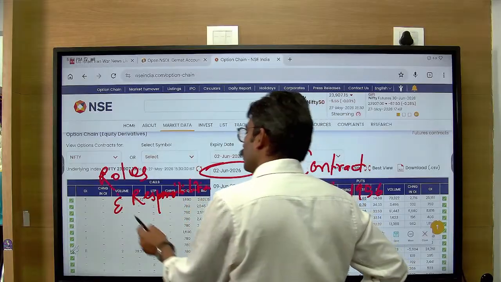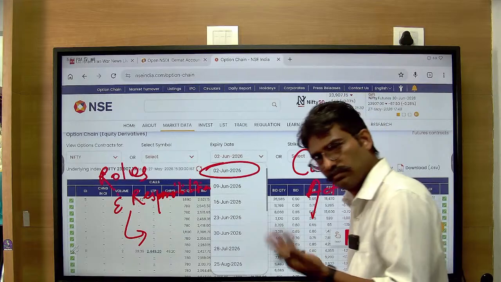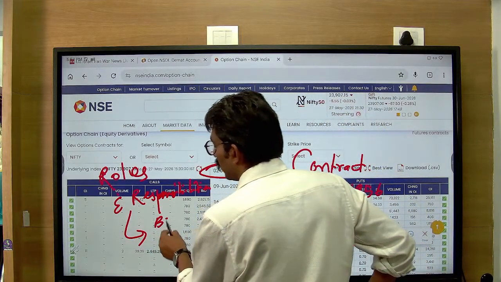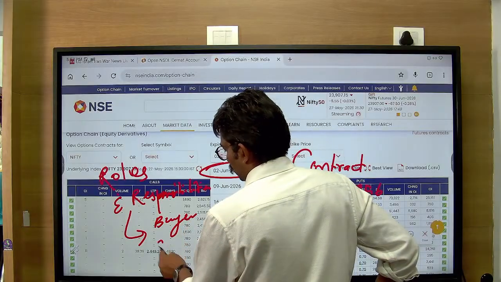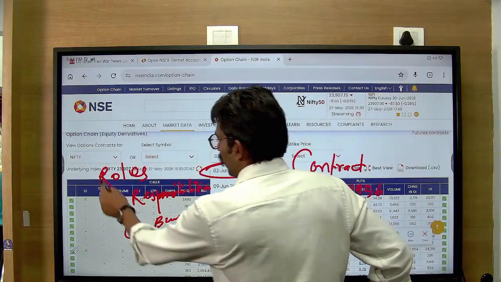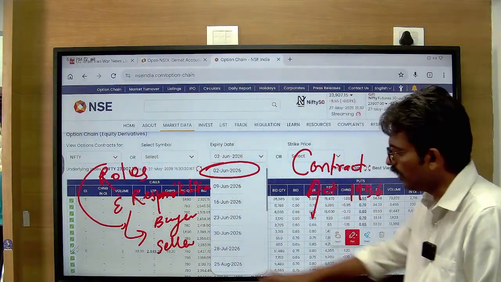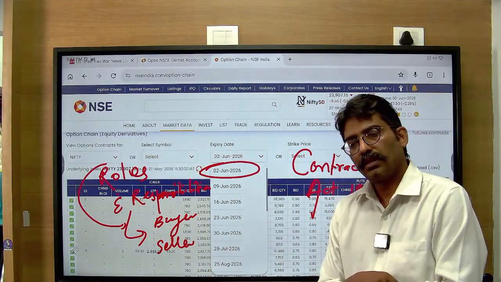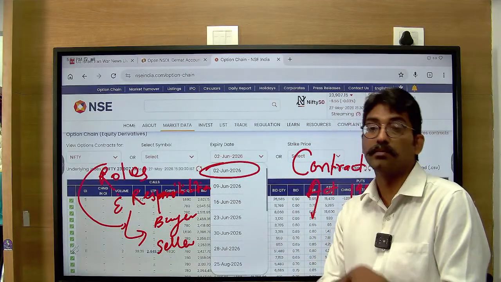Who are the parties to the contract? So the buyer has a role and hence a responsibility. The seller has a role and hence a responsibility. Understood? This is where right to buy and right to sell comes.